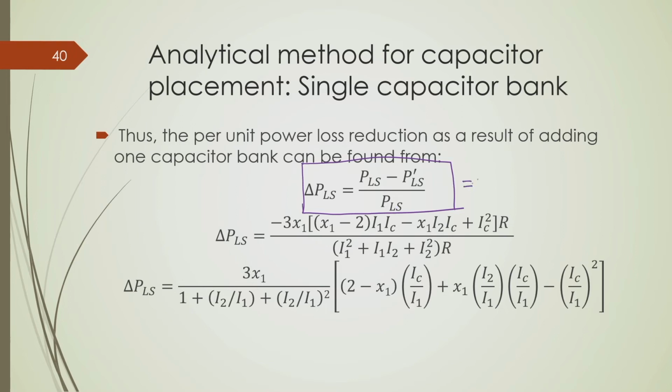So, this is basically you can write it as a ratio of power loss reduction due to capacitor placement with respect to power loss without capacitor.